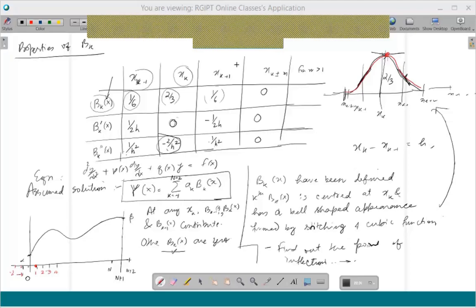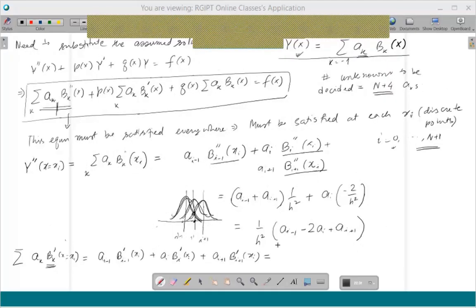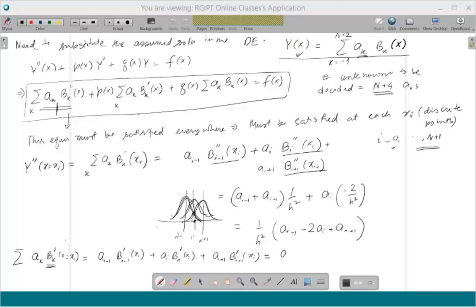Okay? So what we get is a_(i-1) into 1 by 2h minus a_(i+1) divided by 2h. So that will give me 1 by 2h (a_(i-1) minus a_(i+1)).